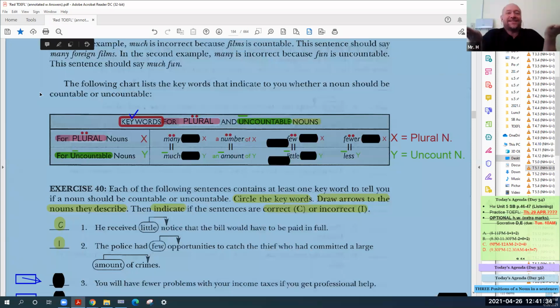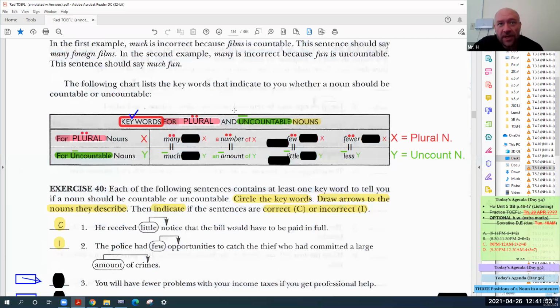Countable. Yes. You see, plural implies countable. You understand? The word plural, lamma, it implies countable. Understand? Okay.